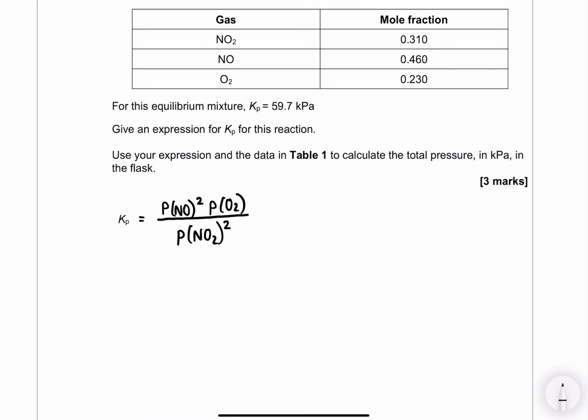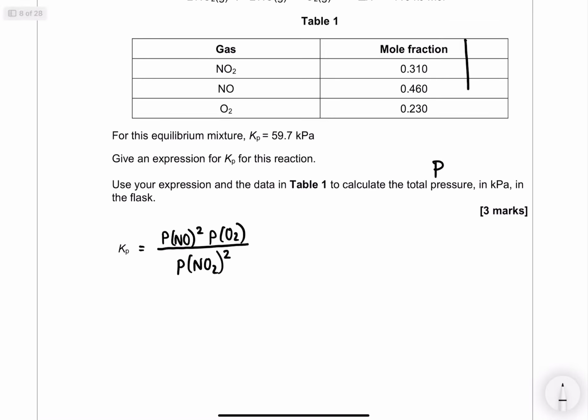Use your expression and the data in the table to calculate the total pressure, so let's call that P. Okay, so this is going to be our total pressure in our equilibrium. So partial pressures, if we were to write down here, this would be 0.310 times the total pressure, this would be 0.460 times the total pressure, this would be 0.230 times the total pressure.